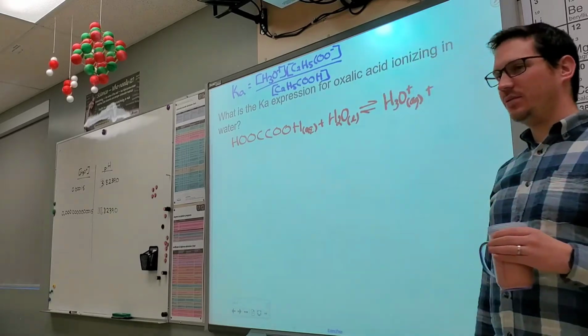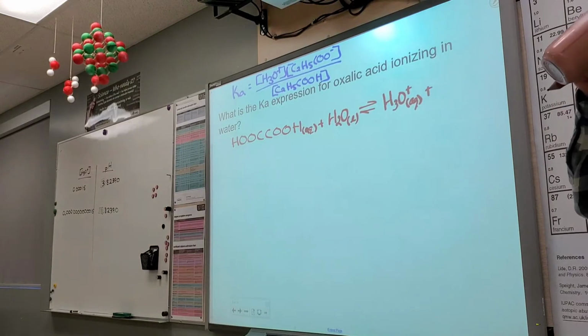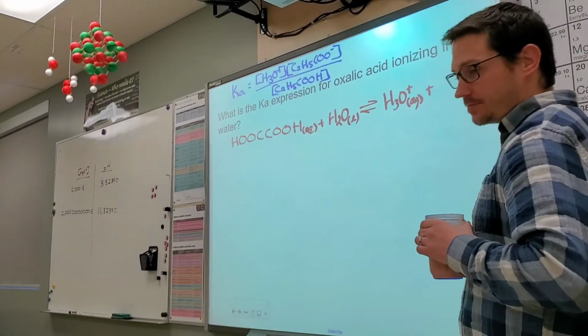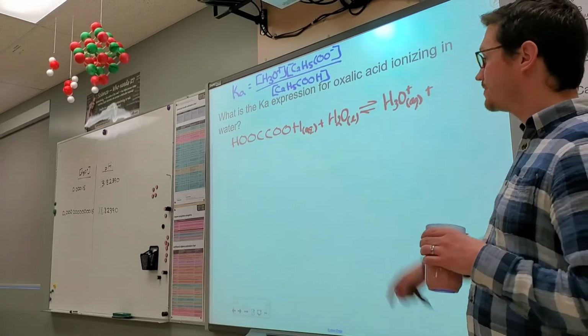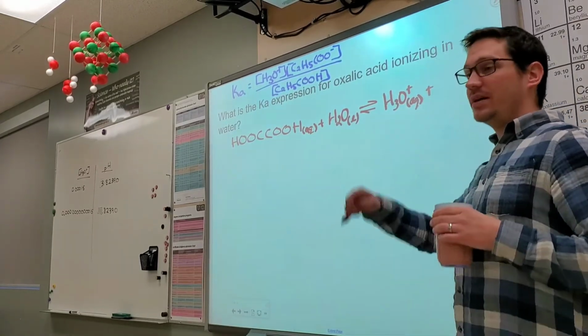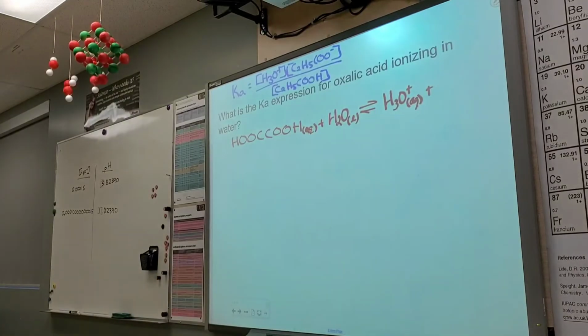And we're going to be left with the conjugate base of oxalic acid. Go ahead and write down what the conjugate base of that thing is. And then go ahead and write down the Ka. You finished this for me. I did most of the work.